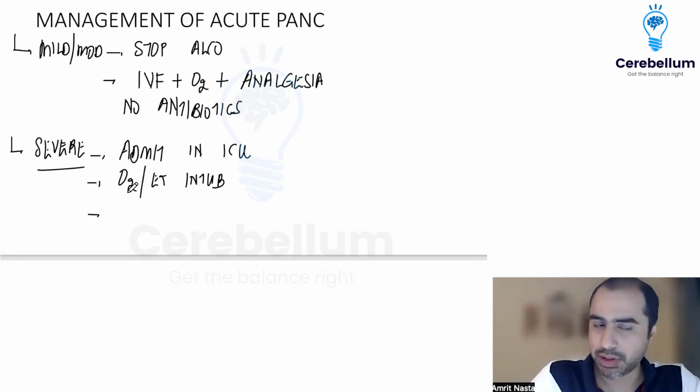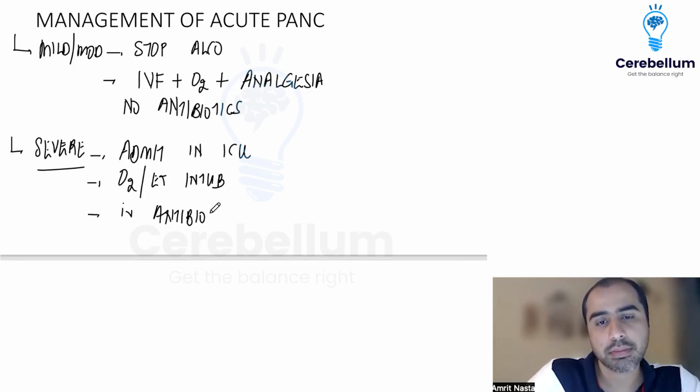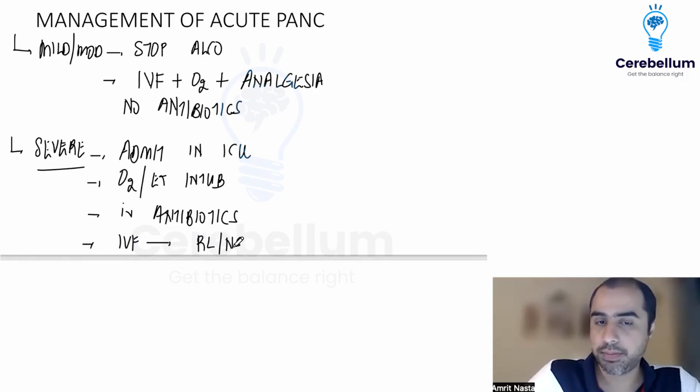So he will require some support. This patient will require IV antibiotics. He will require IV fluids. Typically, the IV fluid you will use will be Ringer lactate, or you can use normal saline. So he will require IV fluid. He will require oxygen so that the necrosis reduces. Oxygen will reduce the necrosis. Fluid will reduce the necrosis.